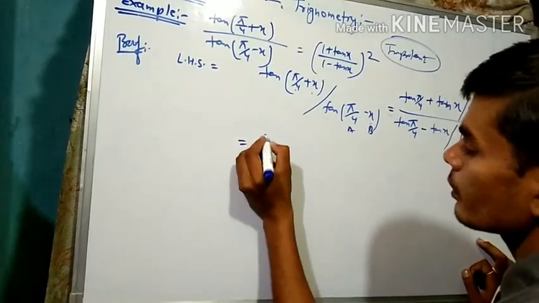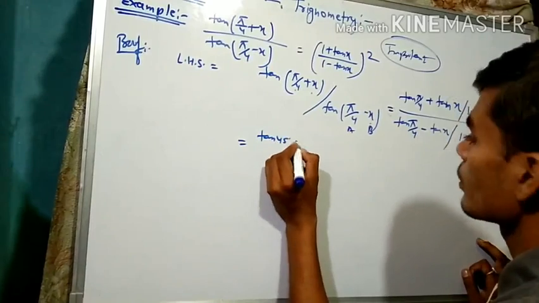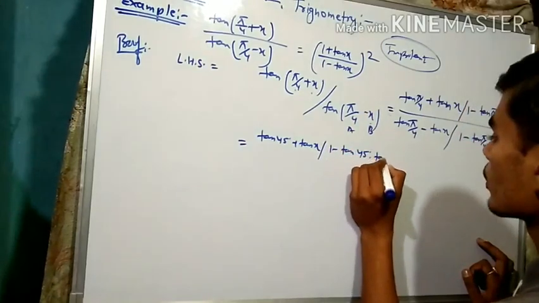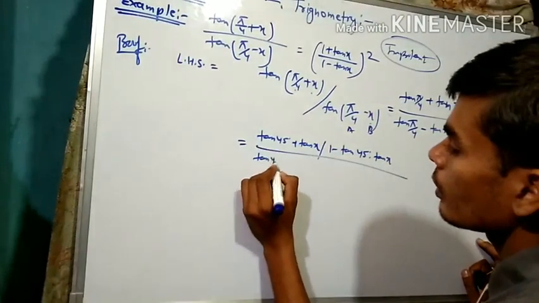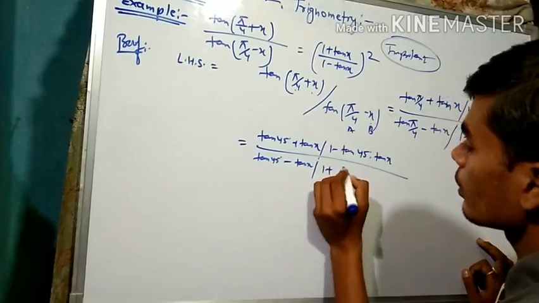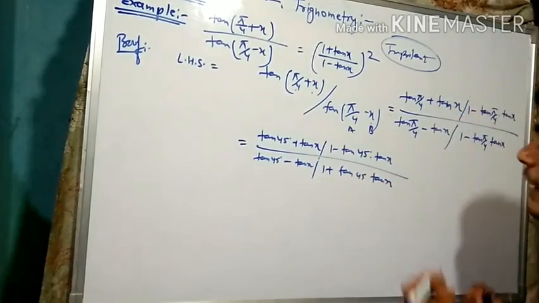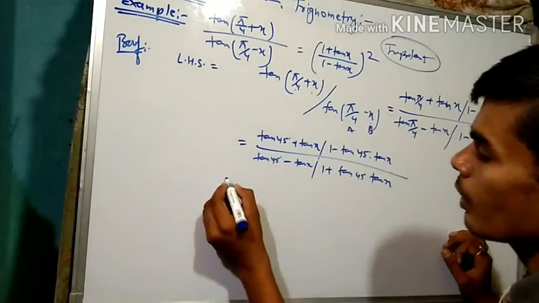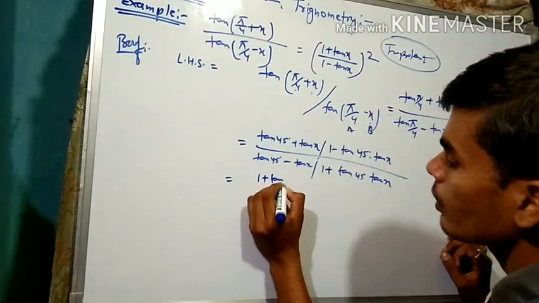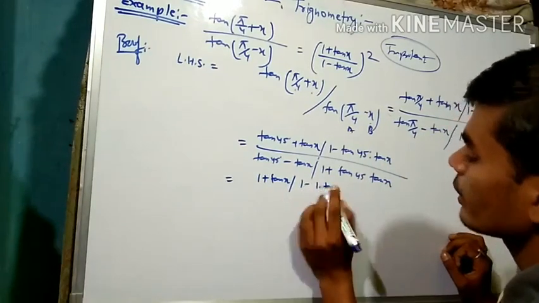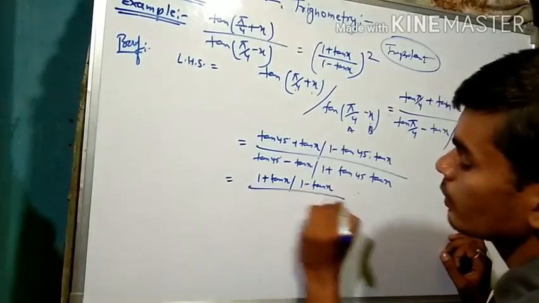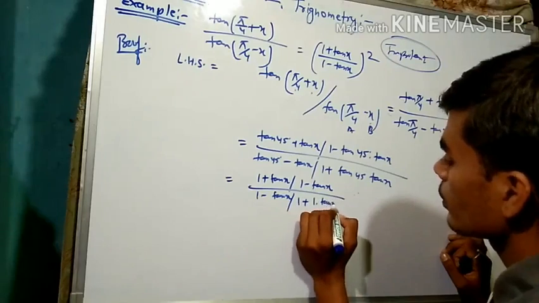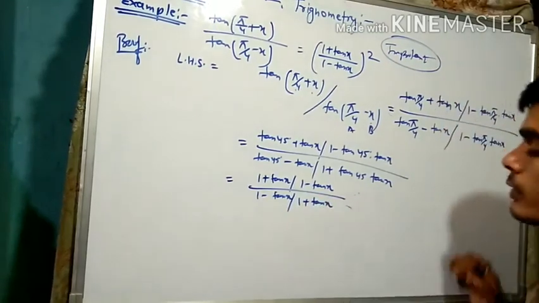What is the value of tan 45? It is 1. Then 1 into tan x means tan x. So 1 minus tan x upon 1 plus 1 into tan x, means tan x.